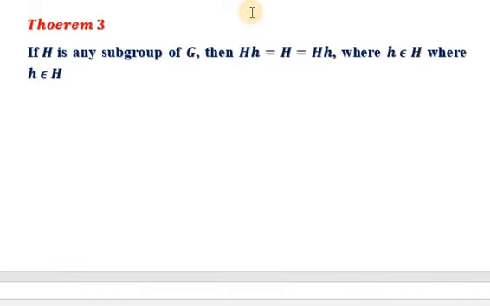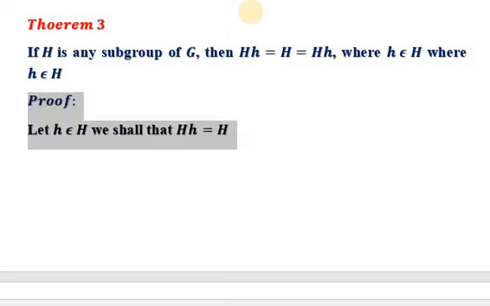If H is any subgroup of G, then Hh is equal to H is equal to hH, where small h belongs to H. Proof.